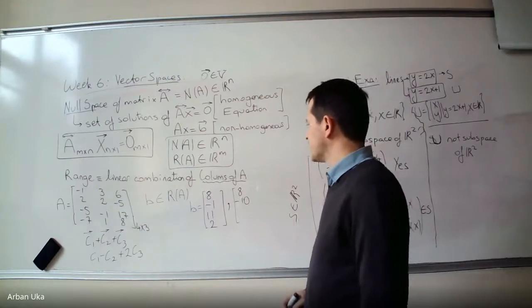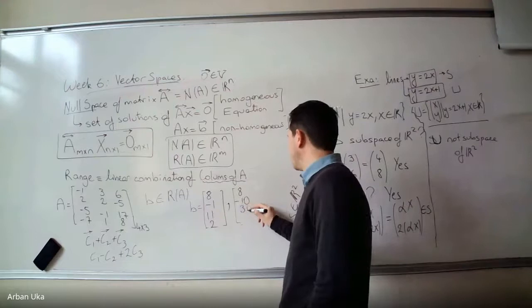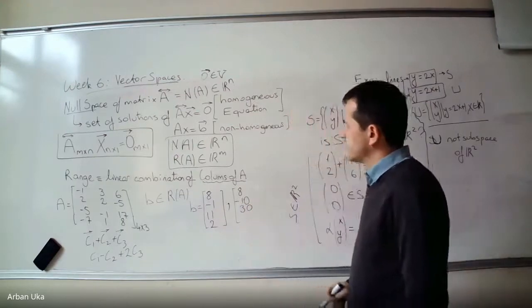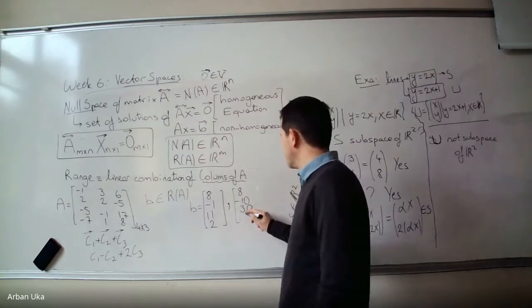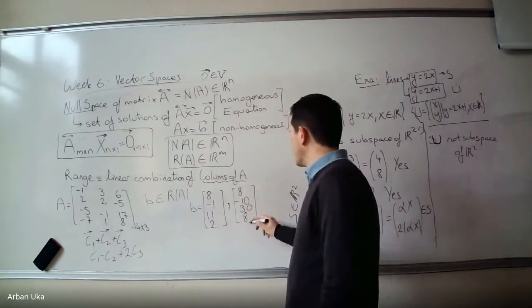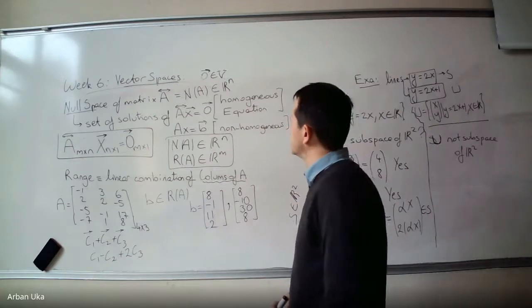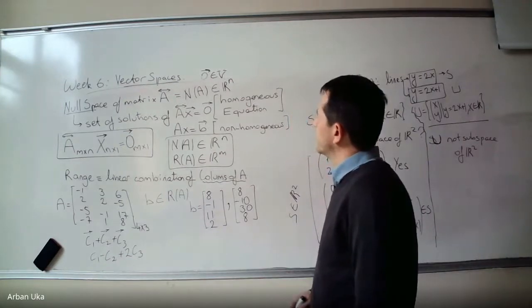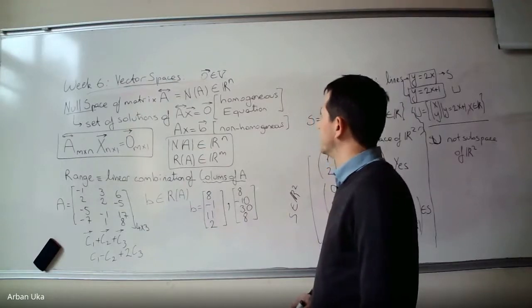Minus 5 plus 1 minus 4 plus 34, 30. And then we get minus 7 minus 1 minus 8 plus 16, which is 8. So this is again in the range of the matrix A.